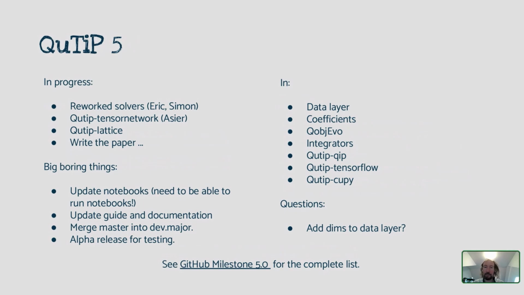If you remember in QuTiP 4, there were different versions of QobjEvo. There was a Python version and a Cython version, and those have all now been unified. And then above Qobj, alongside QobjEvo, there's now a new integrators layer.